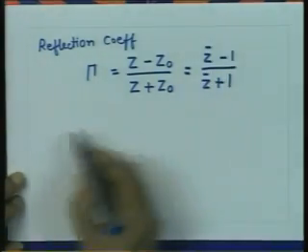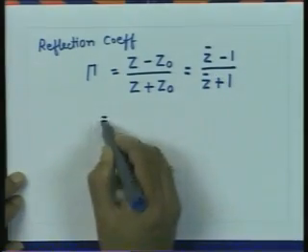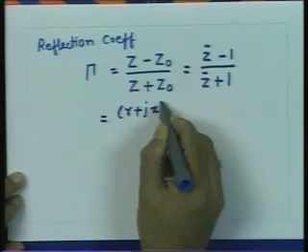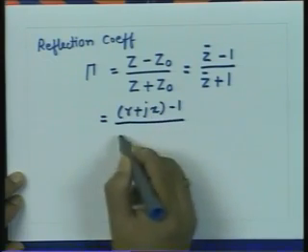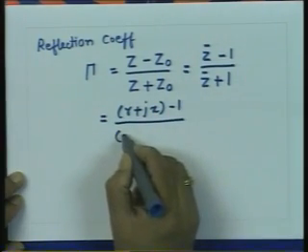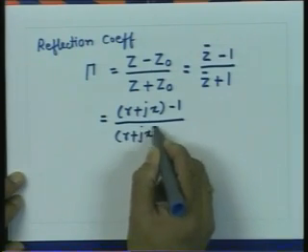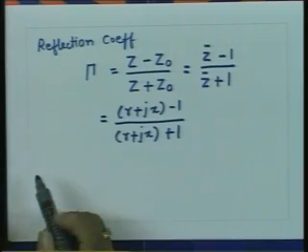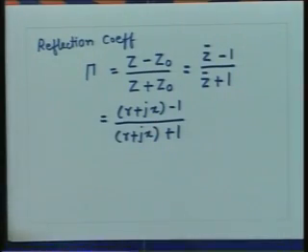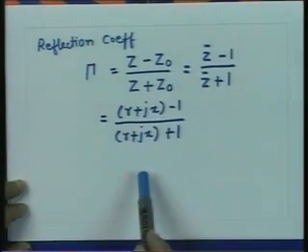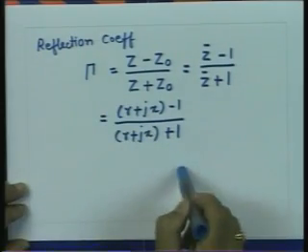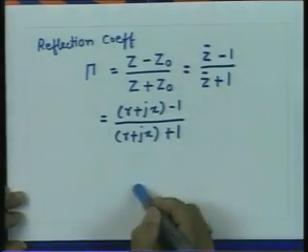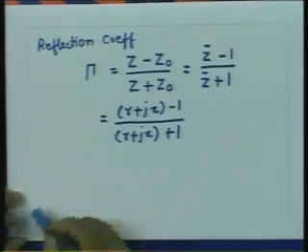Writing explicitly for real and imaginary parts, the reflection coefficient can be written as R plus jX minus 1 divided by R plus jX plus 1. So, in general the reflection coefficient will have a real value and an imaginary value. This can be written either in the Cartesian form or in the polar form.